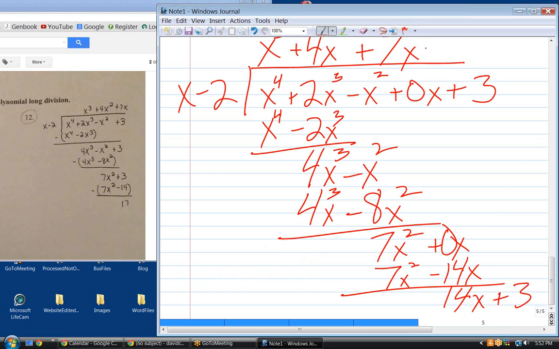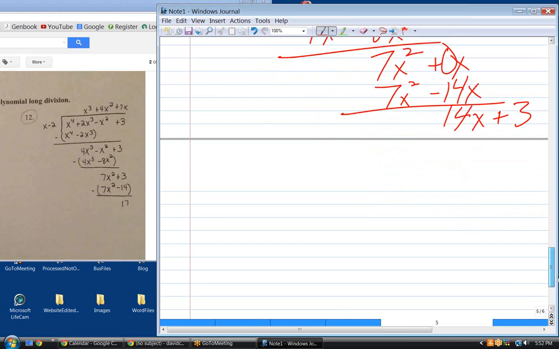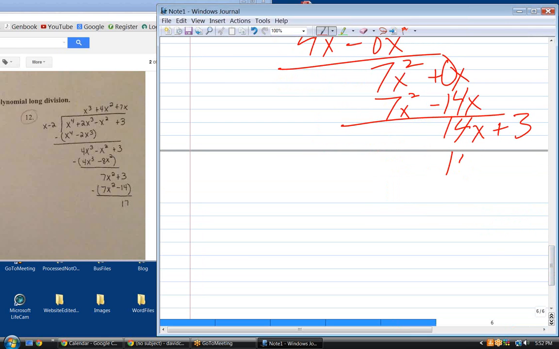And then you need plus 14. 14 times x minus 2 gives you 14x minus 28. And then you subtract 3 minus negative 28, 31. And that's the remainder.